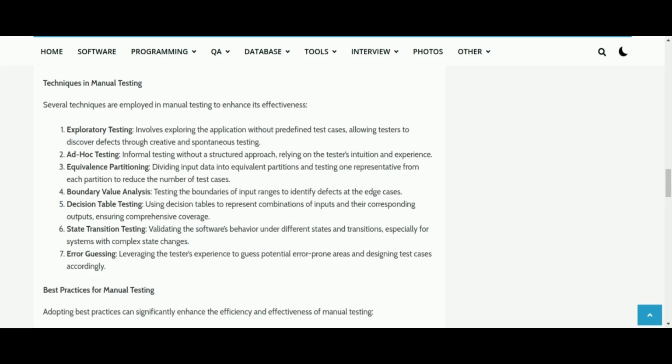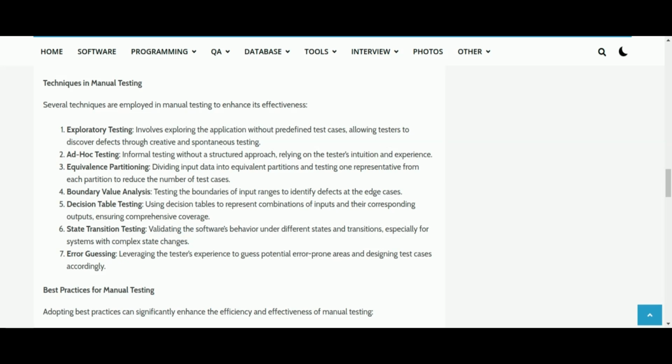State transition validates software behavior across different states and transitions. It is also complex business logic. So which two business logic techniques will I follow when I write test cases? One is the decision table and another is state transition.